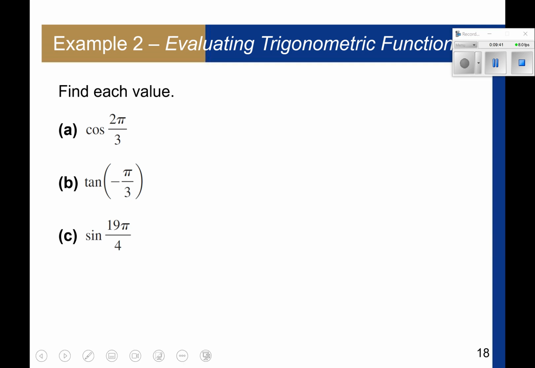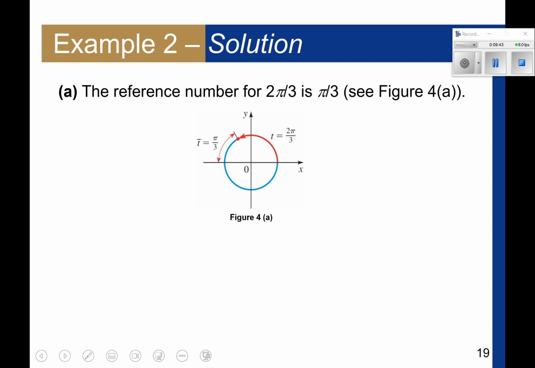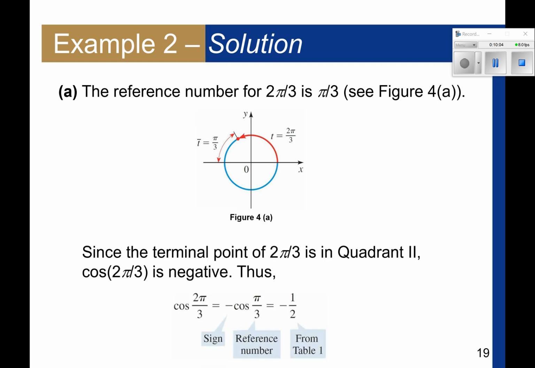So for the cosine of 2 pi over 3, that puts us solidly there in quadrant number 2. If it's quadrant number 2, we're going to take pi minus t. So pi minus 2 pi over 3 gives us a reference number of 1 pi over 3. So cosine in the second quadrant is negative.